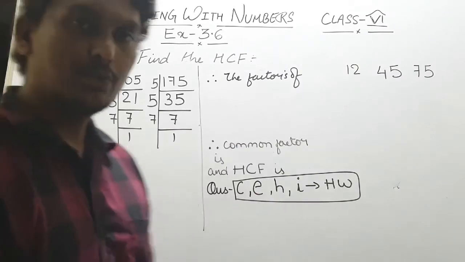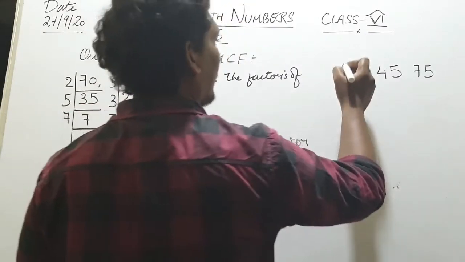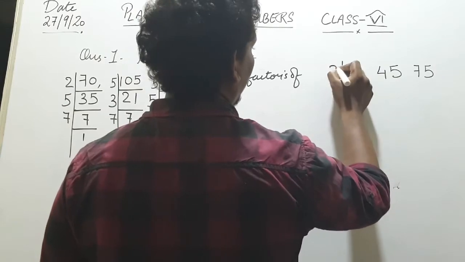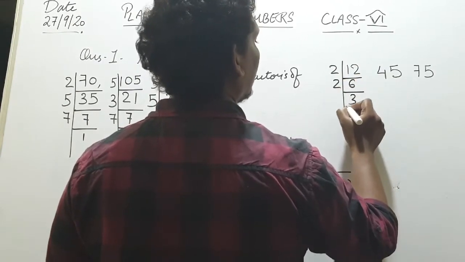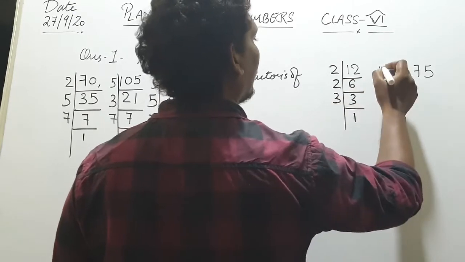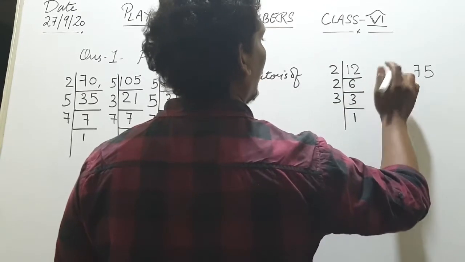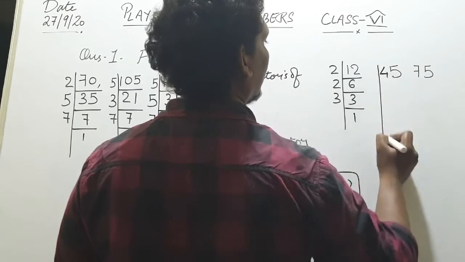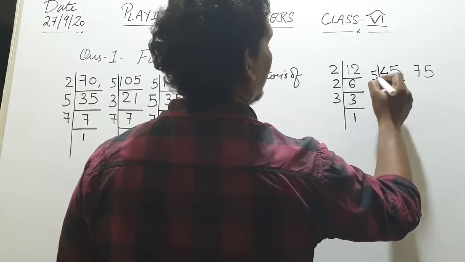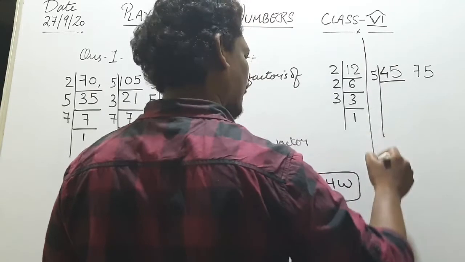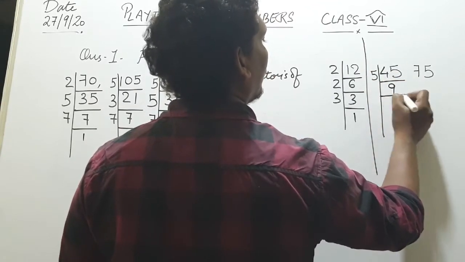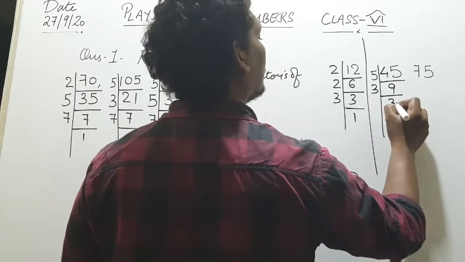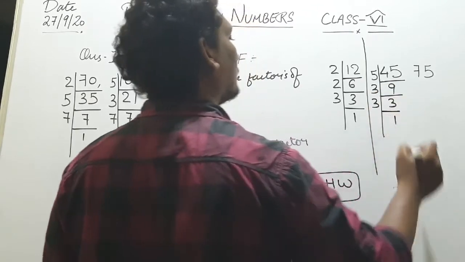Okay, now come to the next one, that is 12, 45, 75. 12, 2 6s are, 2 3s are, 3 1s are. Now come to 45. 5 9s are 45, 3 3s are, 3 1s are.